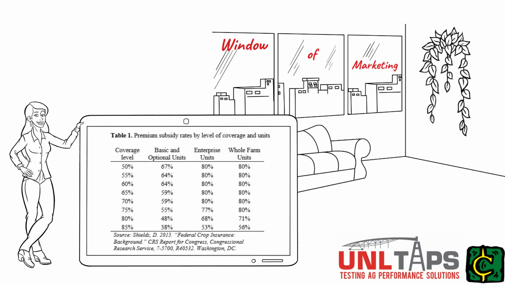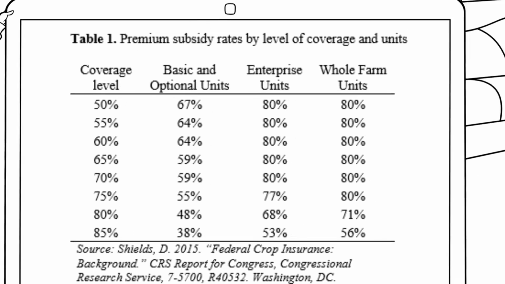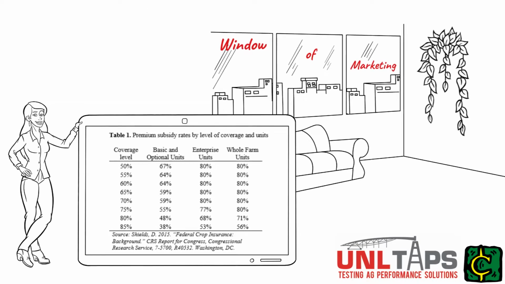Table 1 shows the subsidy levels of the 4 different unit types, along with the 8 corresponding levels of coverage. It is easy to see that each unit type is subsidized differently at various coverage levels. Using this information and some approximations for insurance quoted for the farm area around the University of Nebraska's West Central Research Extension and Education Center, Table 2 was constructed.